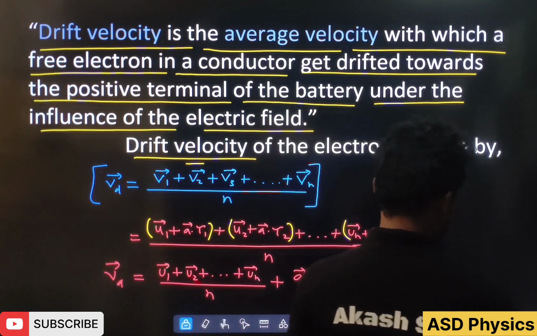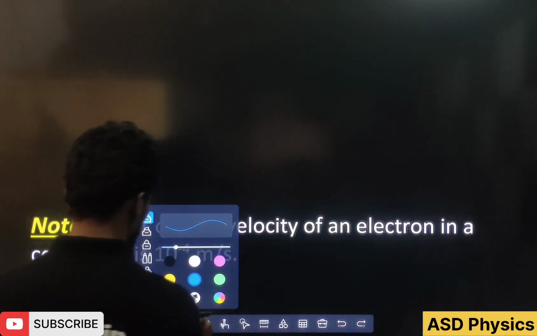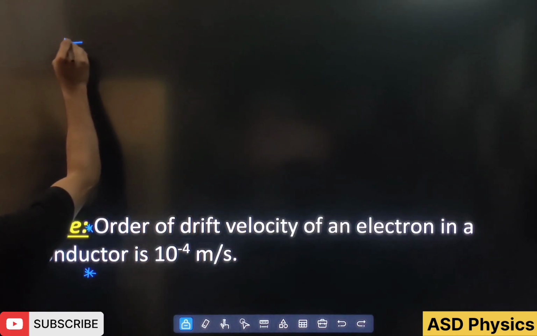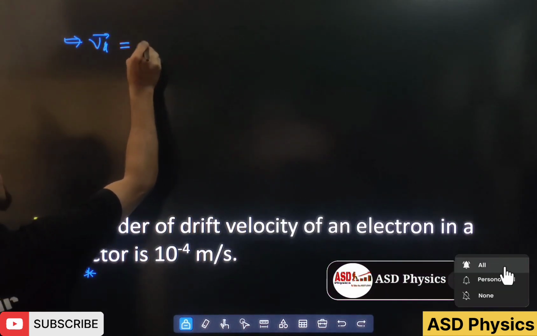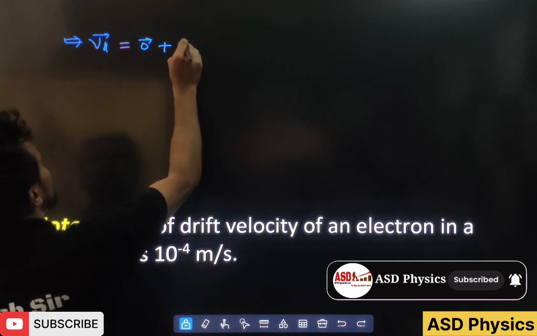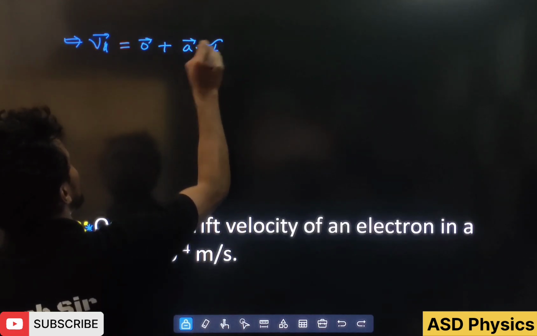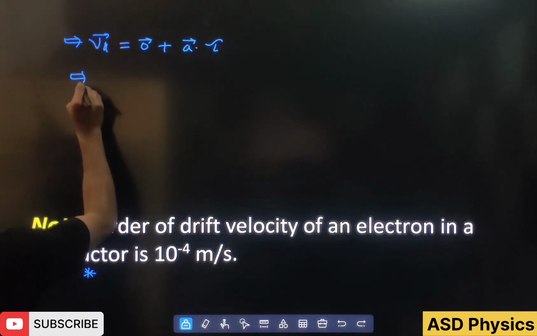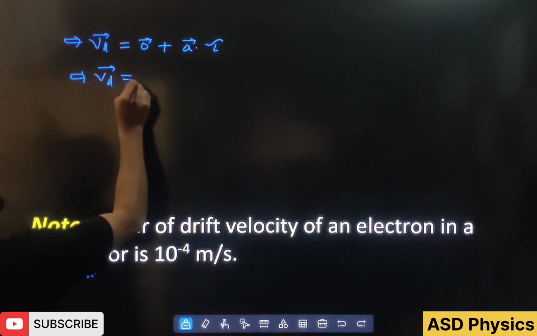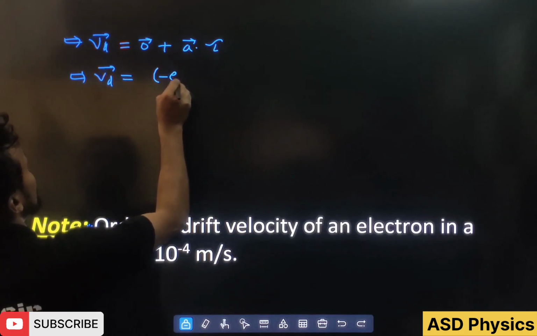Okay, so see here, students, next we are just going to write this. This drift velocity is given by 0 plus vector a into tau. This is the average relaxation time. And if I write here, this Vd is equal to, what is the value of a?